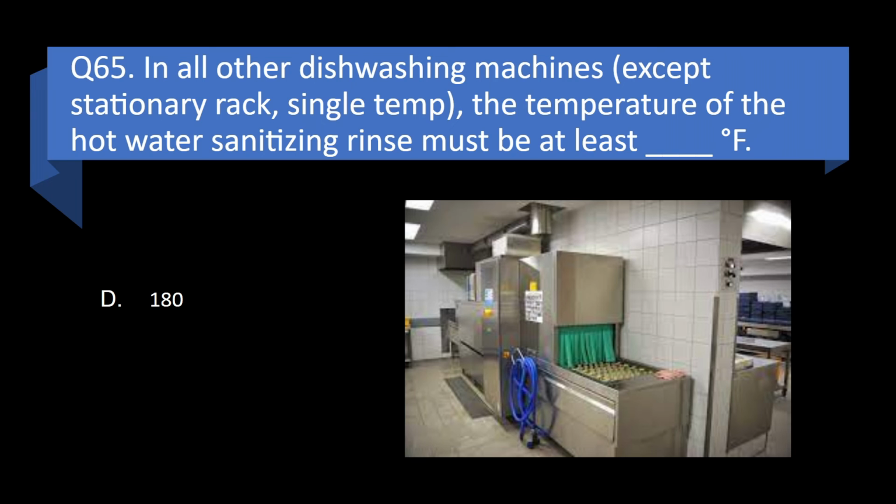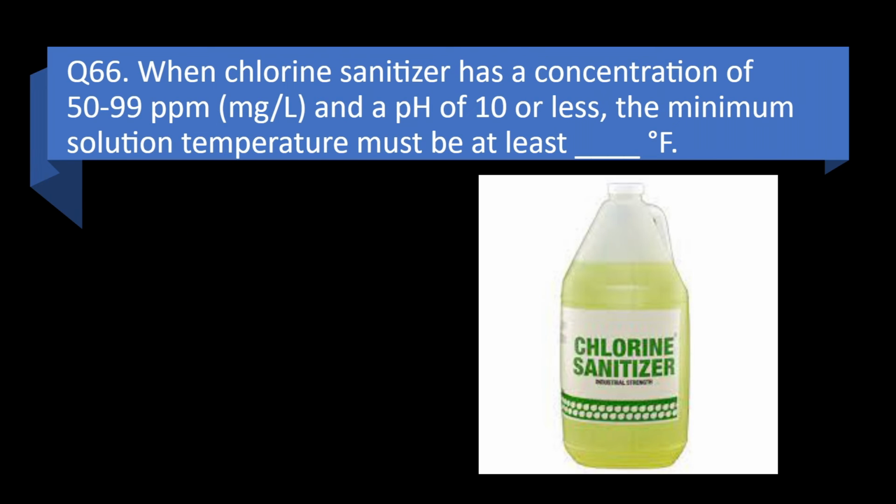D. 180. Question 66. When chlorine sanitizer has a concentration of 50 to 99 parts per million or milligrams per liter and a pH of 10 or less, the minimum solution temperature must be at least blank degrees Fahrenheit. 90, 95, 98, or 100. D. 100.